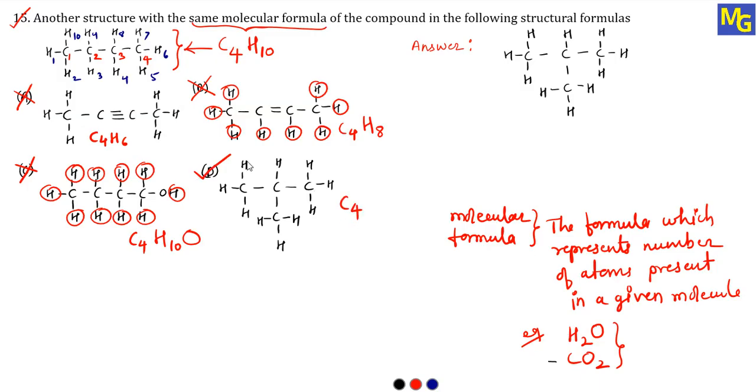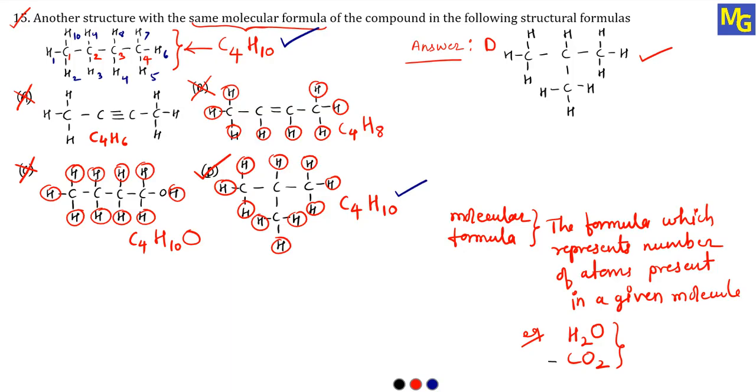Carbon we have 4, hydrogens 1, 2, 3, 4, 5, 6, 7, 8, 9 and 10. So here it is 10. This formula and this formula both are matching, and therefore we'll write the answer option D. So we have to write it here, option D, and then this is the structure of the compound. So this is the answer for question number 15.